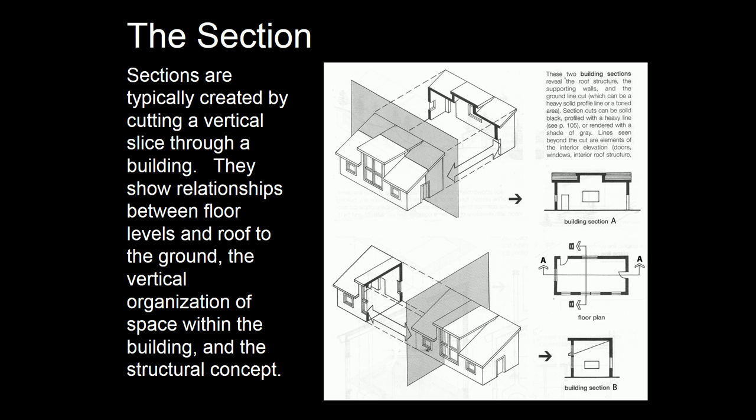Now we get to something that's very similar to a floor plan, and that is a section. Okay? So a sectional view is a vertical slice through a building showing the relationship of the pieces and spaces inside and the structural components and floors to each other. Okay?